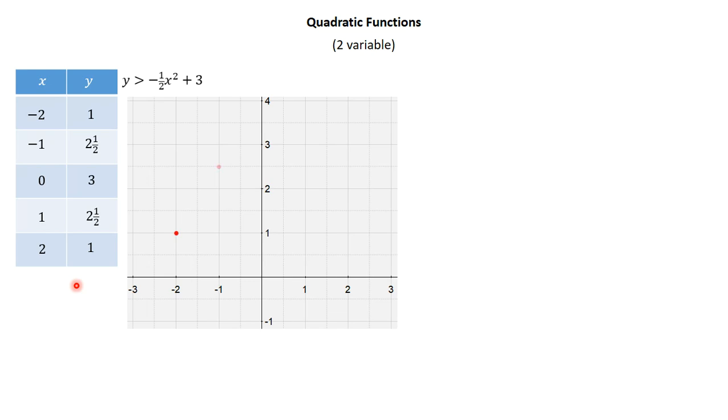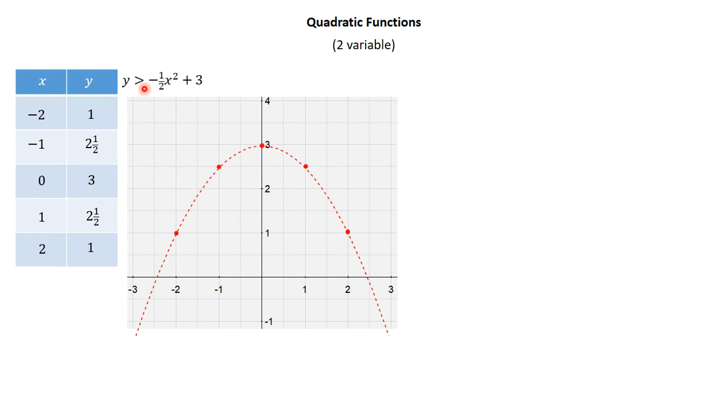Negative 2, 1, negative 1, 2.5, 0, 3, 1, 2.5, and 2, 1. We connect the dots in a parabolic fashion, and then we think, oh wait, solid or dotted? This is just greater than. It's just dotted. So using the dotted line maker, we can go through and make it a dotted line.